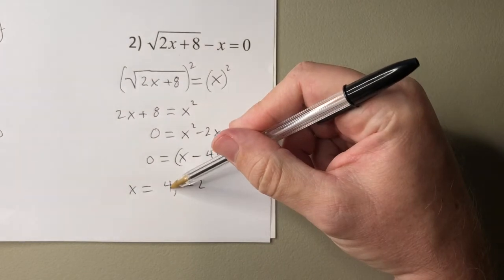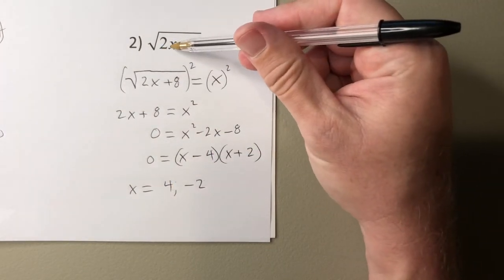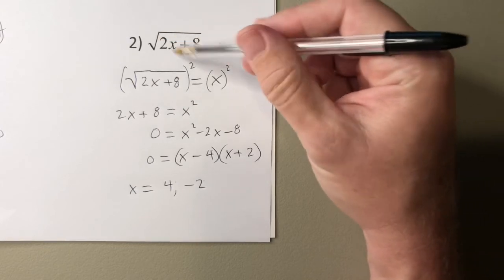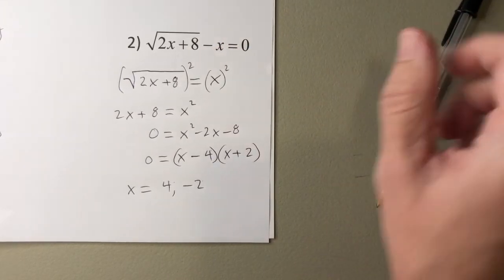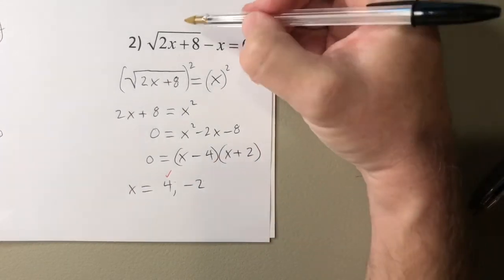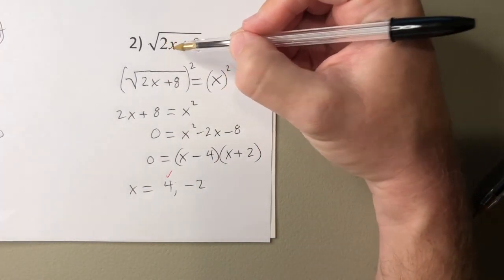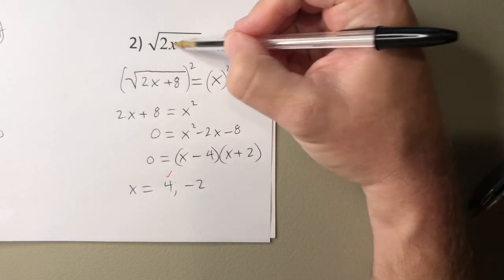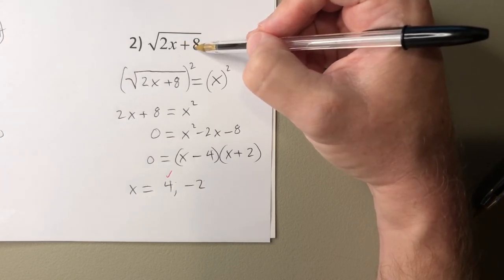Does 4 work? Let's check. Stay with me. 2 times 4 is what? 8. 8 plus 8 is 16. Square root of 16 is 4. Does 4 minus 4 give you 0? Yes. So 4 checks out. All right, negative 2. What's 2 times negative 2? Negative 4. What's negative 4 plus 8? 4.